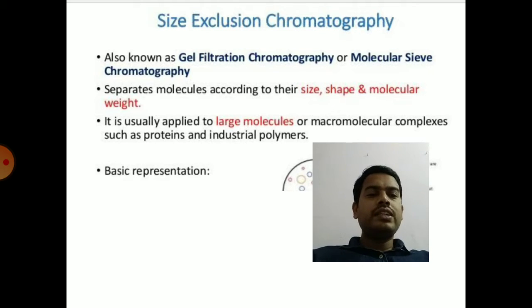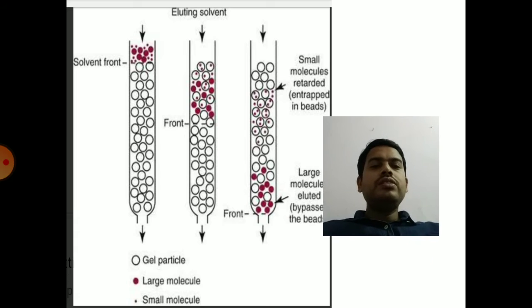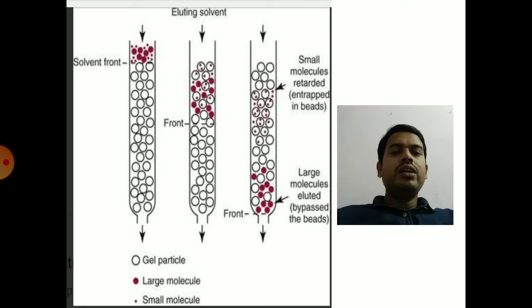This is called retention time. So the separation is based on the size, shape and retention time of the molecule, and all these depend on the shape of the protein to be eluted from the column. This is how you separate by molecular exclusion chromatography.